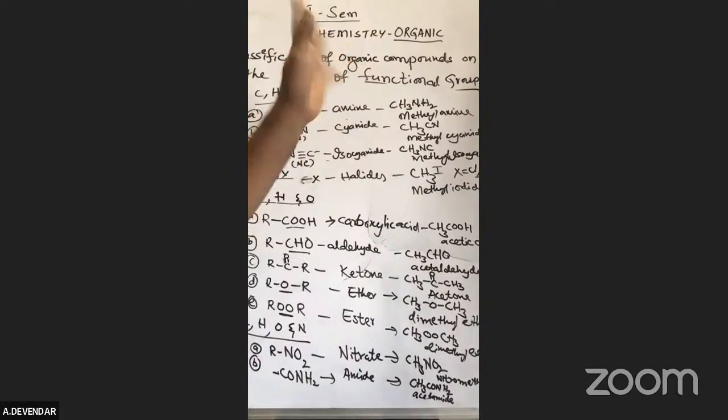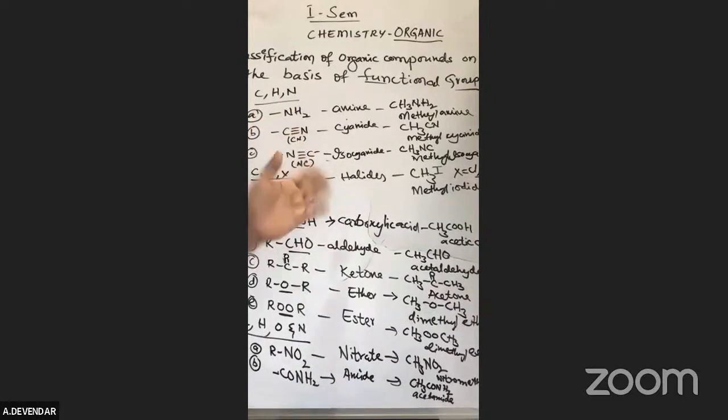Next is amine: methylamine, ethylamine, propylamine, or with benzene, that is called aniline. Here the R group is C6H5 instead of methyl. Then cyanide, isocyanide, halides. Okay, this is about the classification of organic compounds on the basis of the functional group.